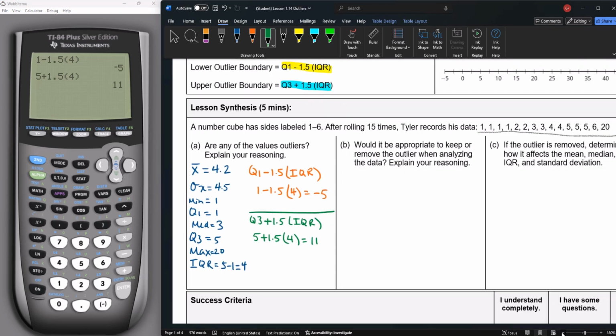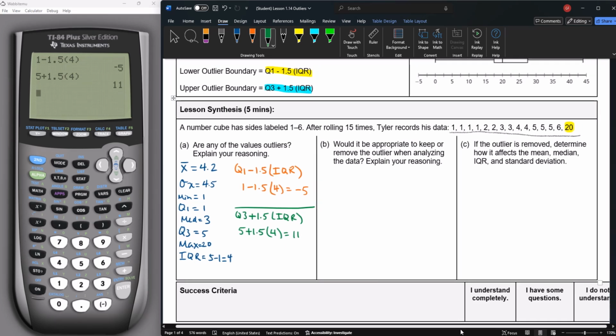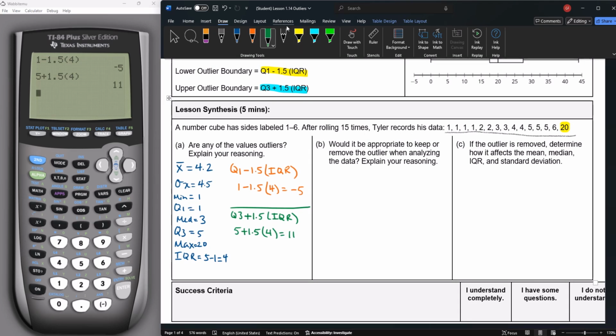So now, how do we synthesize this information? Any numbers in our data set that are less than -5 would be lower outliers. In this case, all of the numbers in our data set are not less than -5. So that means we don't have a lower outlier.